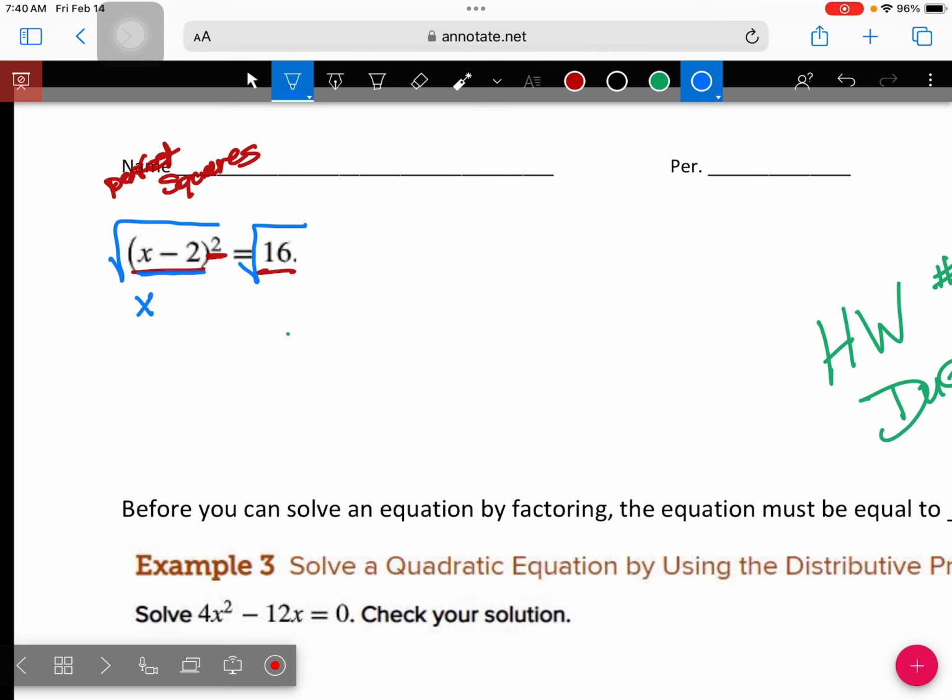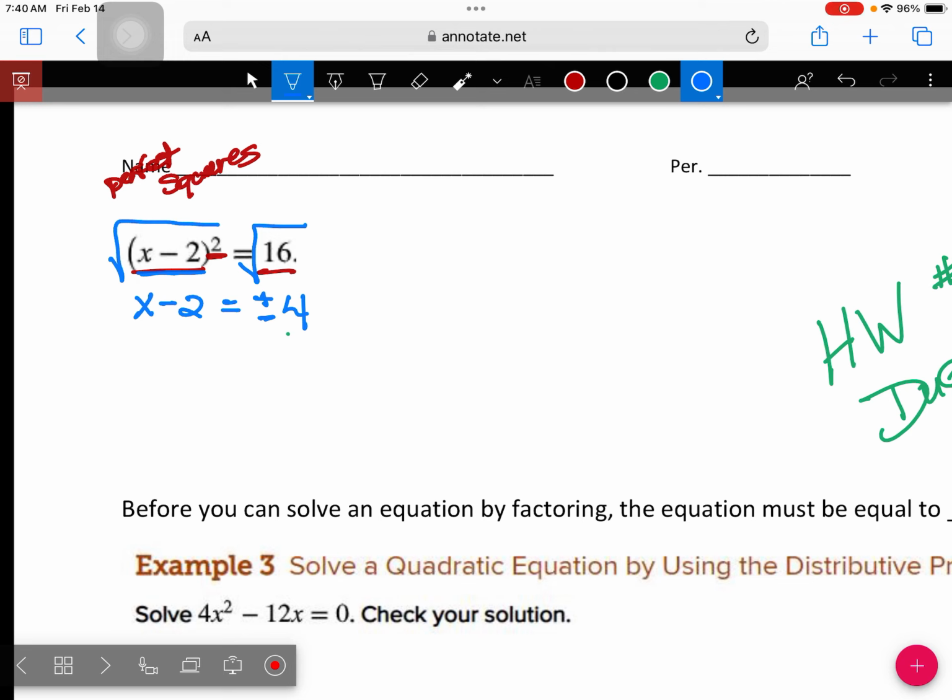So that means x minus 2 is no longer squared. That is your base. And that is equal to the square root of 16. We know it's a positive 4, but what we also need to remember is that it can be negative 4, because negative 4 times negative 4 gives you positive 16.